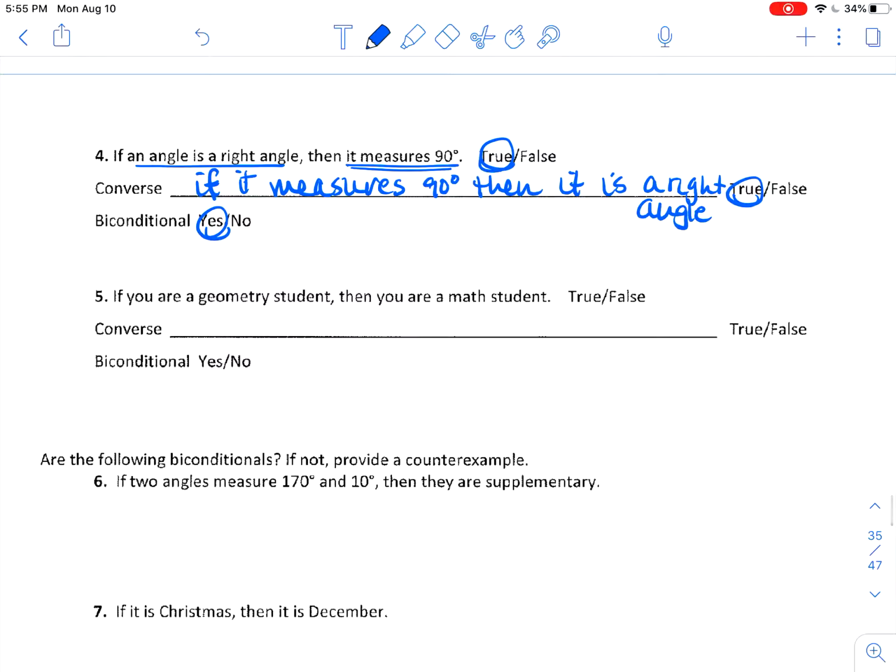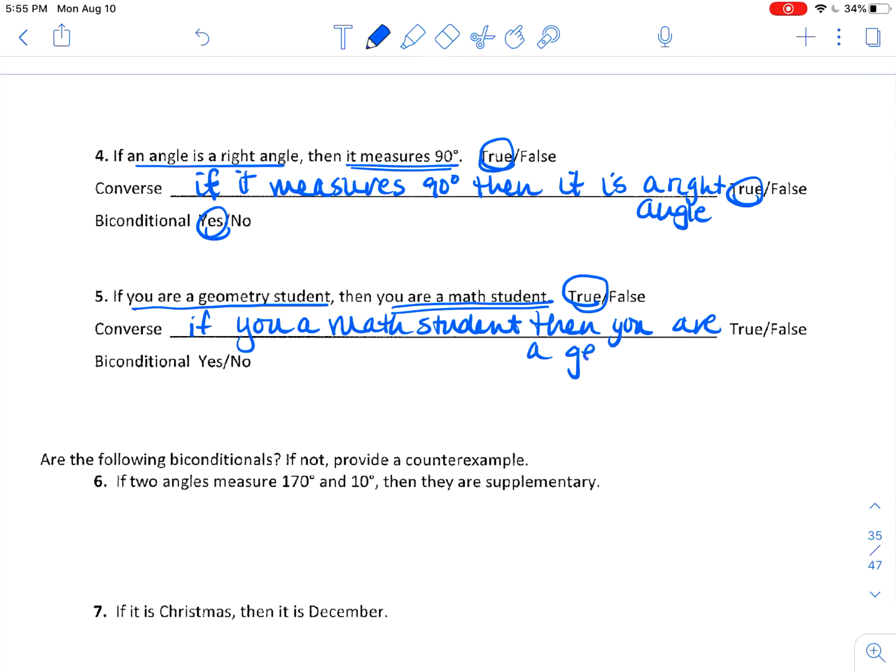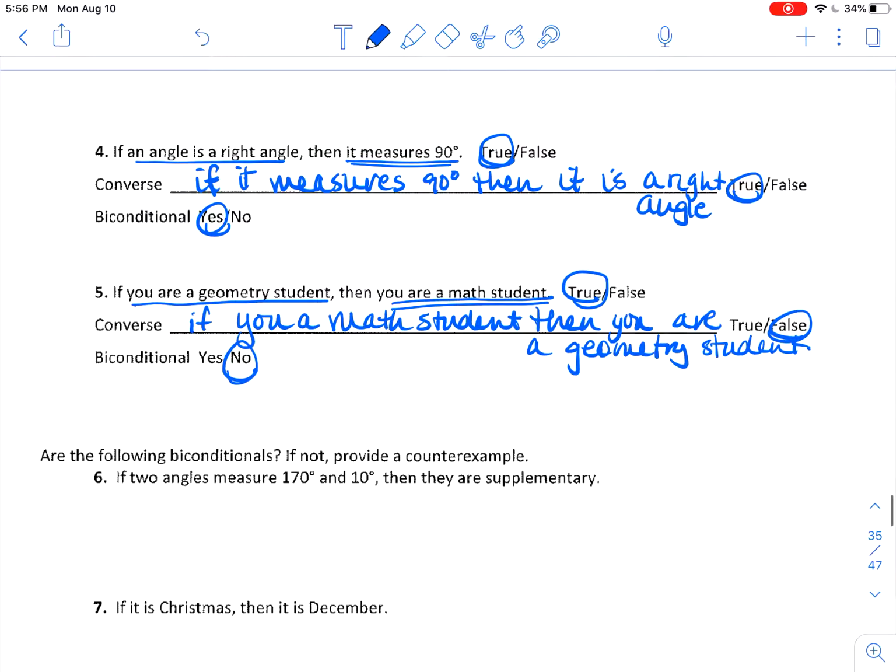Number 5, if you are a geometry student, then you are a math student. Well, that is true. But what about the converse? If you are a math student, then you are a geometry student. Well, that's false, because you could be in an algebra class. This is not a biconditional.